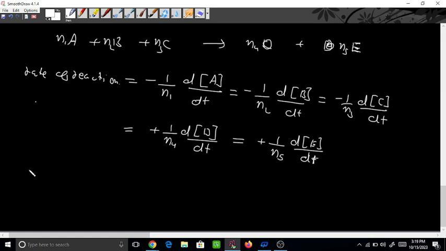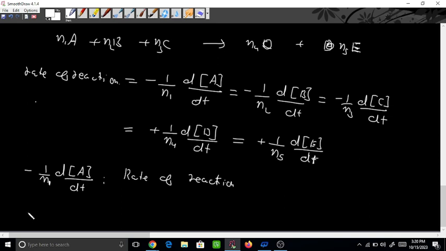If I write 1 by n1 into d of A by dt, this is the change of concentration of A with respect to time, and I am including the coefficient also. So this will give the rate of reaction. You write with the coefficient, or any term you take, all will give the rate of reaction.